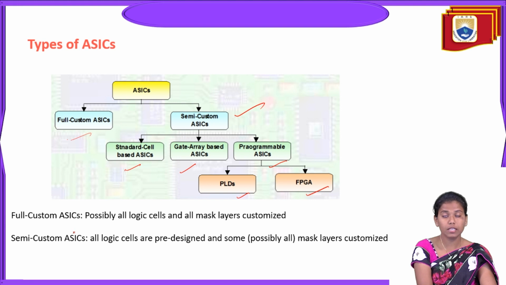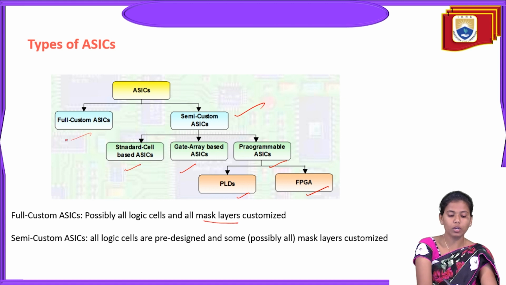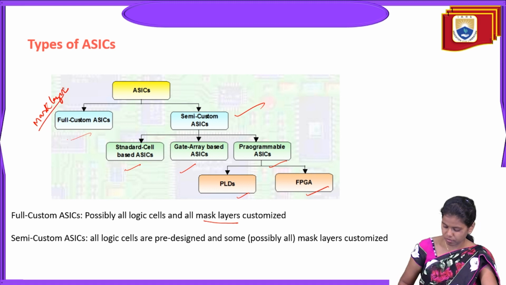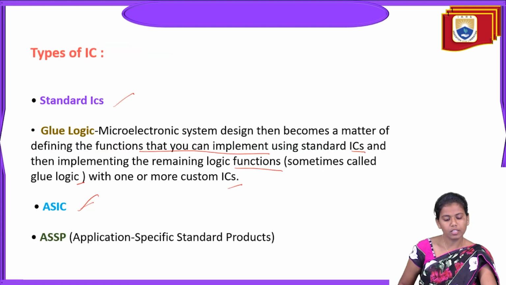So full custom ASICs possibly have all logic cells and all mask layers customized. Here in full custom ASICs, we see the mask layers, which we have already discussed in the previous slides. So what are these mask layers?